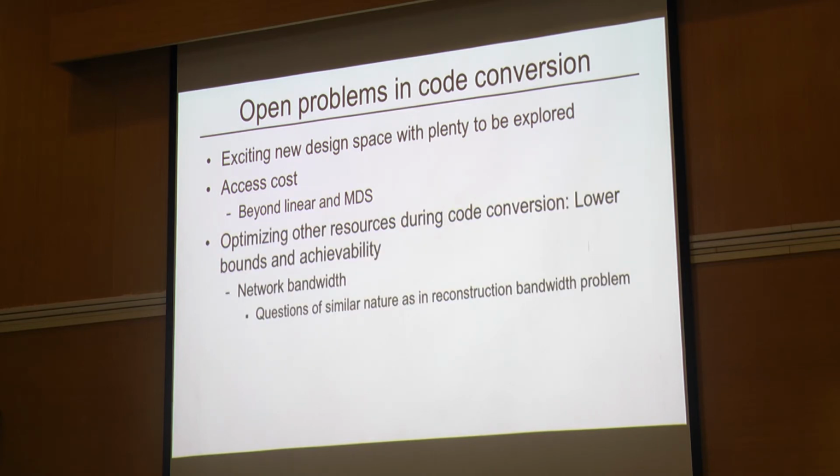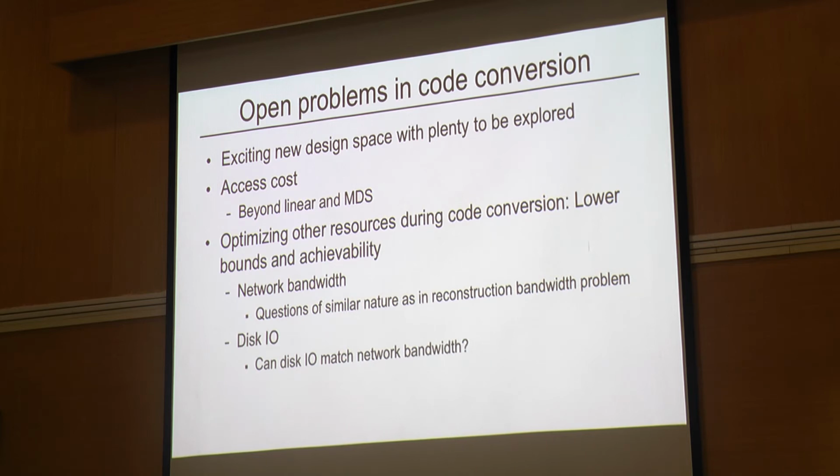And similarly, optimizing other resources, like for example, the network bandwidth, right? So then all the questions that have been asked and answered in the realm of optimizing for reconstruction bandwidth come up here, right? So in this, for the network bandwidth, and similarly, disk IO bandwidth will come in.